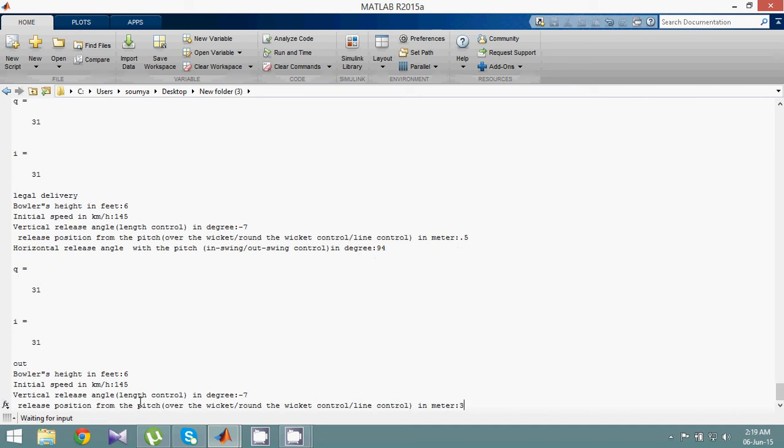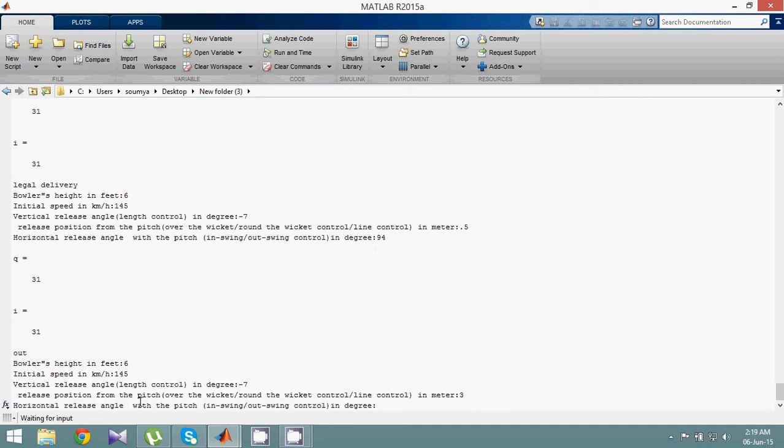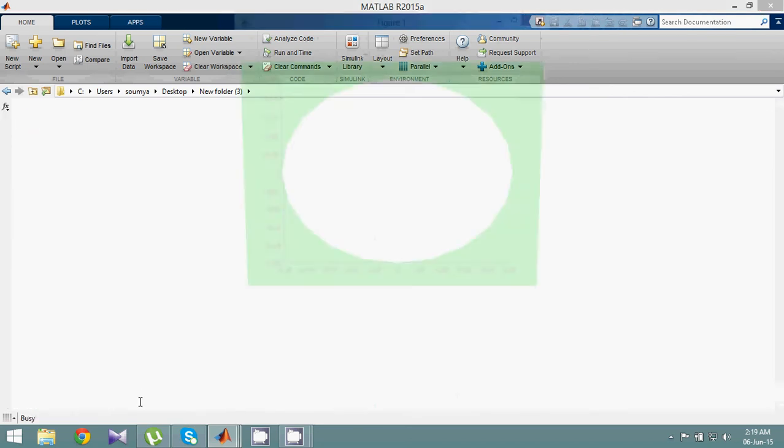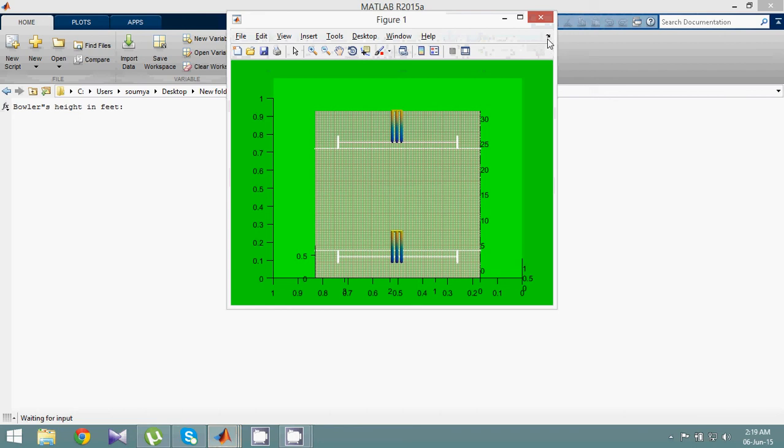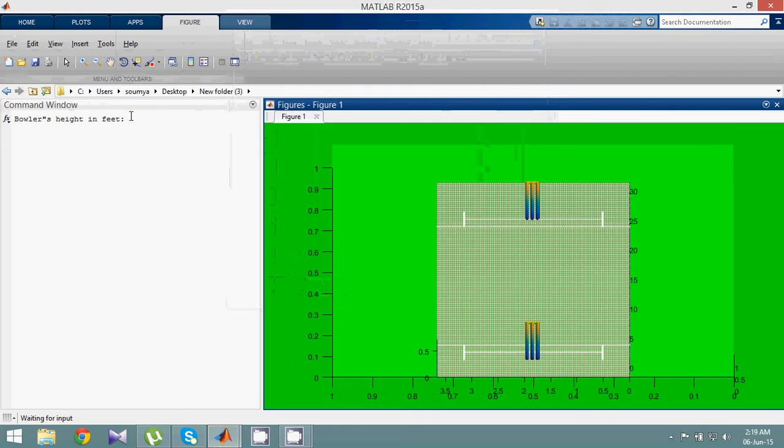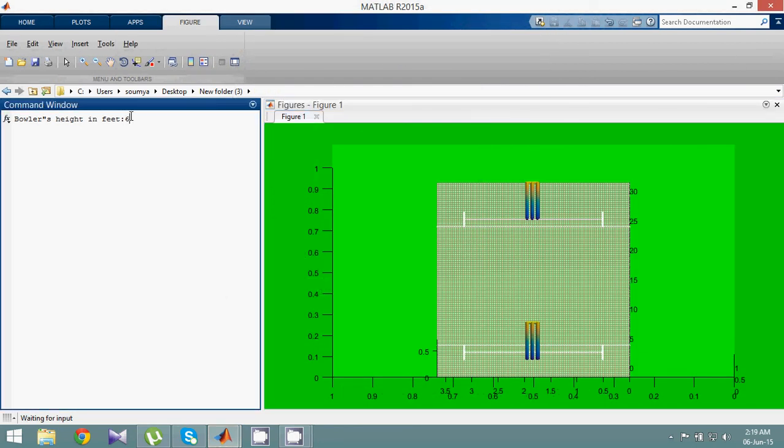That's over the wicket delivery, so 3, and release angle I use 84 degrees. That's basically the angle between x and y. That doesn't work there, so I use another one, same values, and 3.